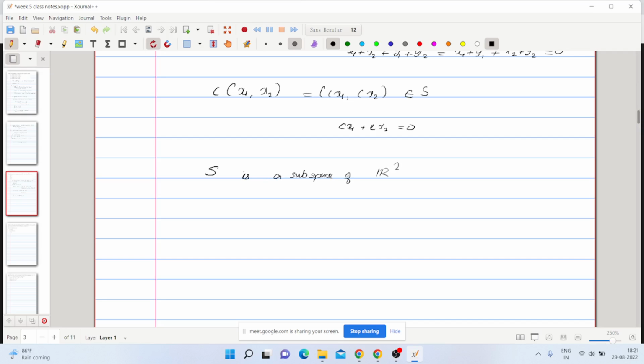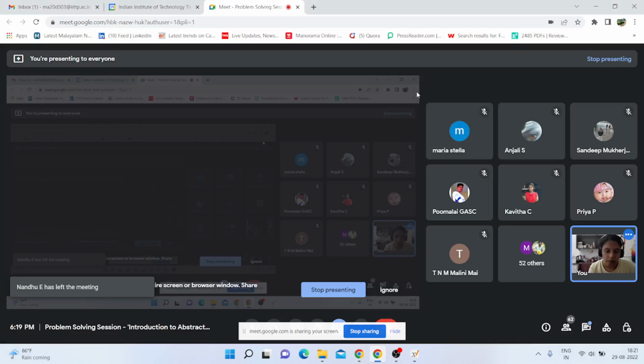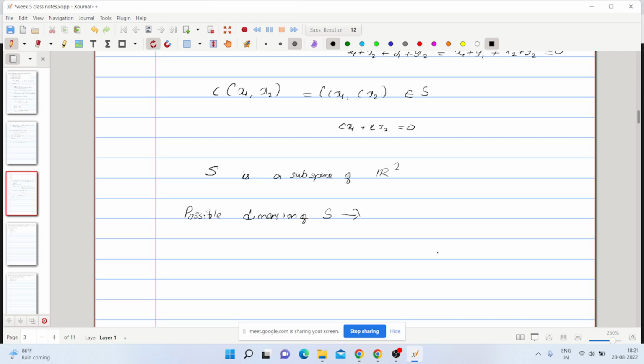Before finding the exact dimension of S, let us see what are all the possible dimensions of S. We know that S is a subspace of R2 and R2 has dimension 2. So 0, 1, 2. It cannot be more than 2 because it is a subspace of R2.